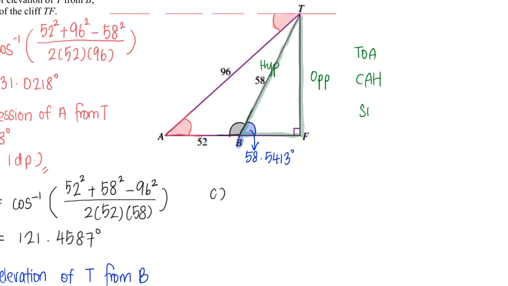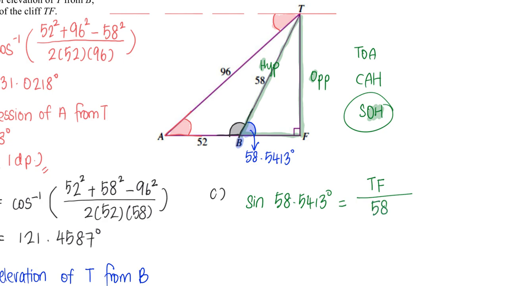Given these, which one should I use? O and H. Yes, I'm going to tap on my sine ratio. So sine 58.5413 degrees is equal to opposite side over hypotenuse.